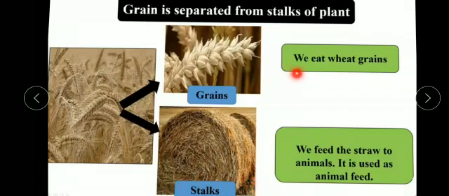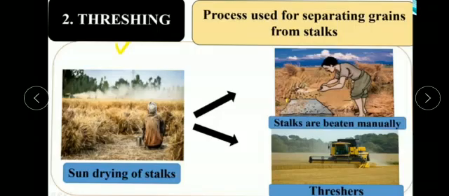Because we have to eat the wheat grains, and we feed the straw to animals. It is used as animal feed. The process used for separating grains from stalk is known as threshing.